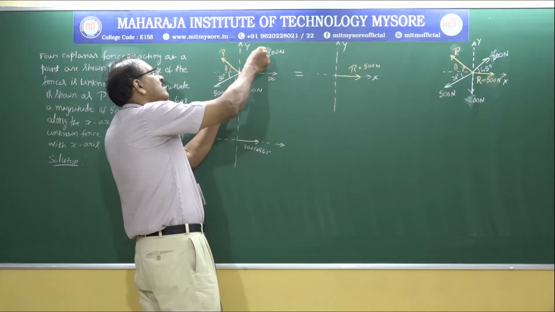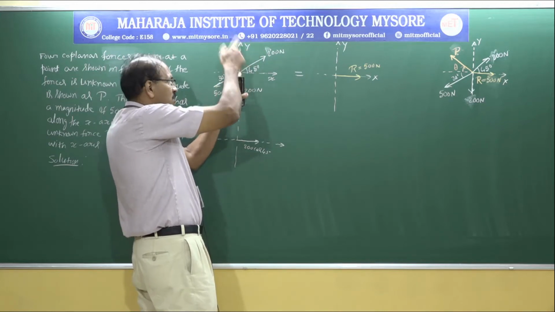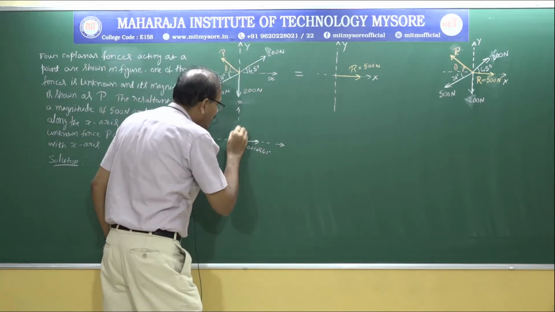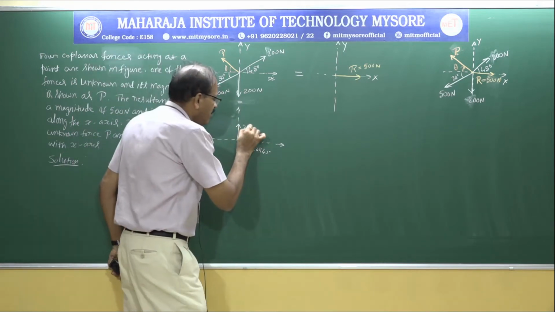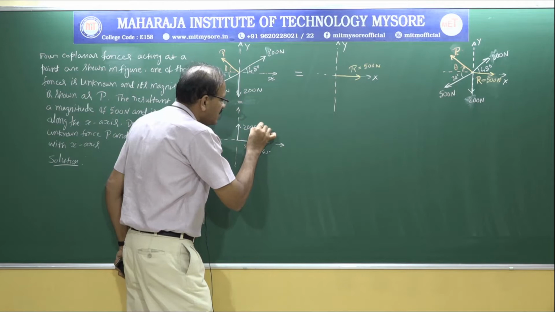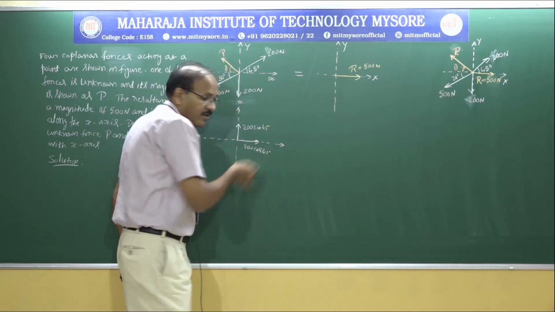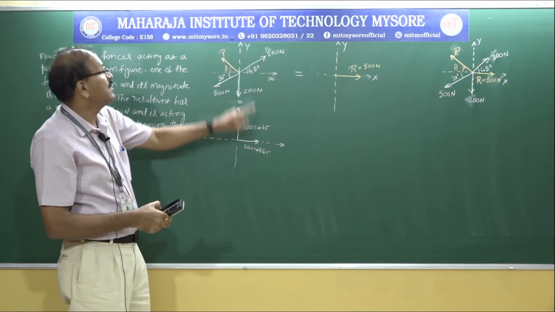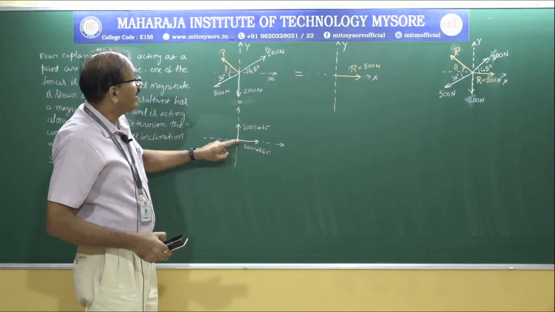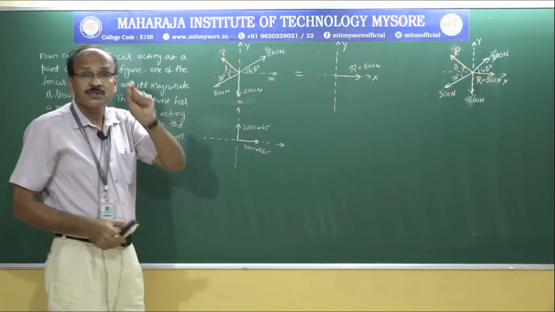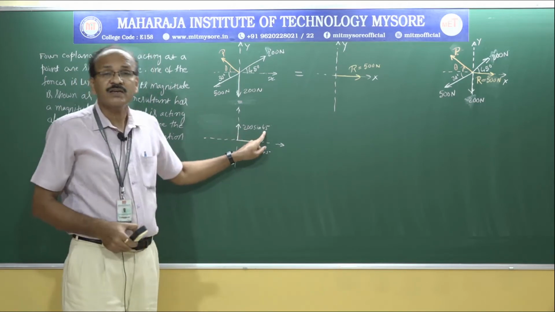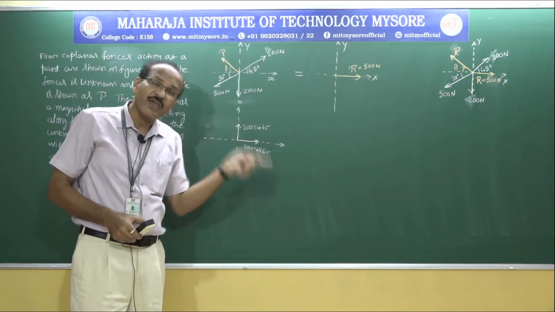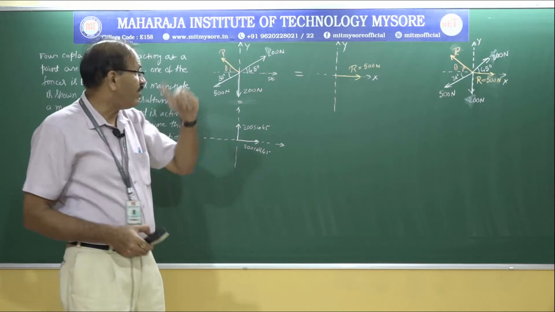Similarly, for the vertical component, like this, so the arrow points upwards and the component in the vertical direction is 200 sin 45. Cos 45 because this component is adjacent to the angle 45 degree. Sin 45 because it is away from the angle 45 degree.